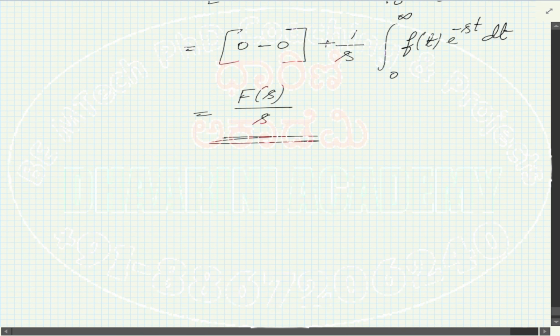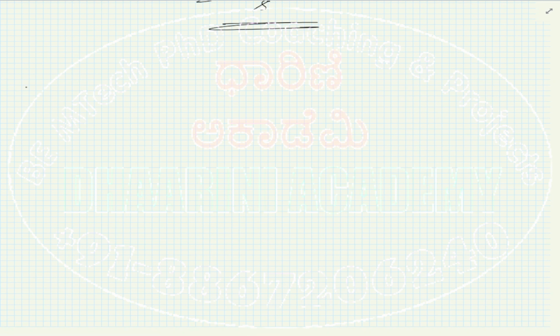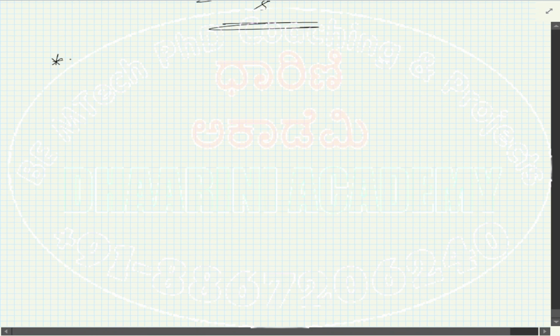Okay, now the first problem based on properties. F of t is equal to e to the minus 2t into 2 times cos 5t minus sine 5t.